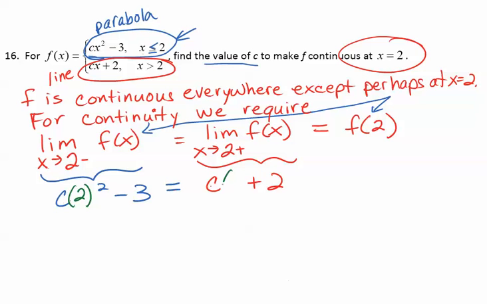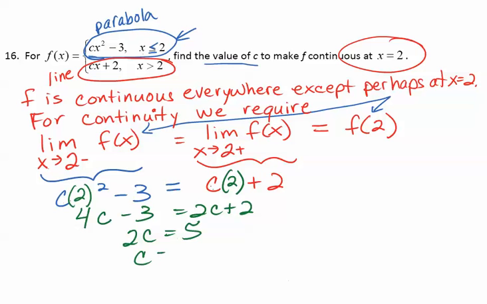In each of these, we're doing the limit as we get close to an x value of 2, and now our only variable that we're solving for is c. So we have 4c minus 3 is 2c plus 2. So 2c is 5, and we would want c to have a value of 5 halves. If c is replaced with 5 halves, then the left piece of the domain would connect with the right piece of the domain.